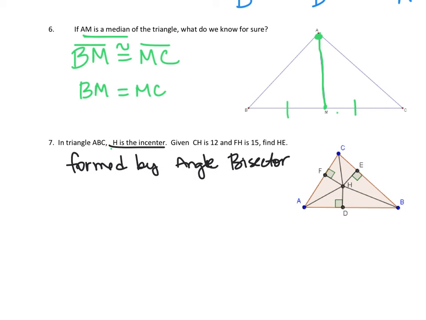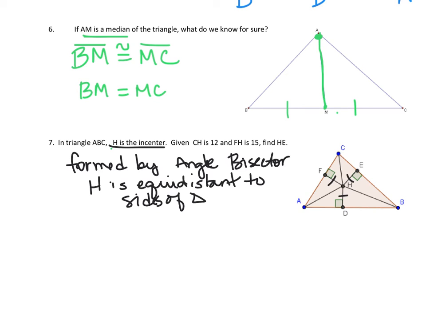And it also means that H is equidistant to the sides of the triangle. That means all of these little segments are equal. And when you go perpendicular to a side, you know that it is the distance from the side to the point.